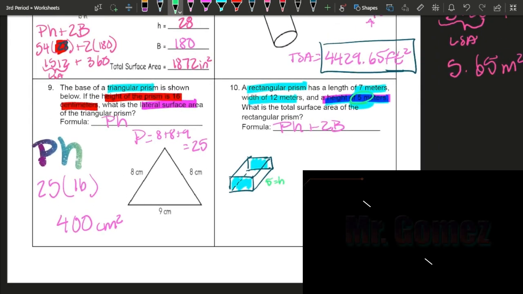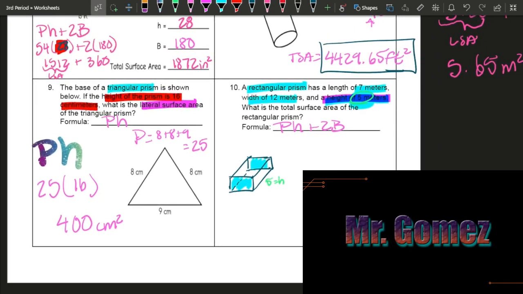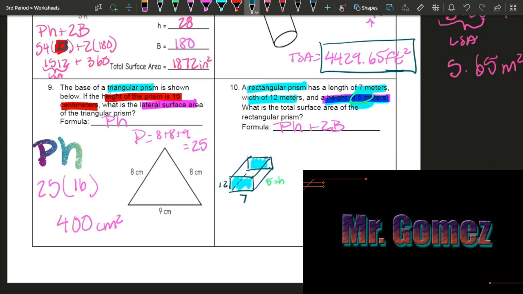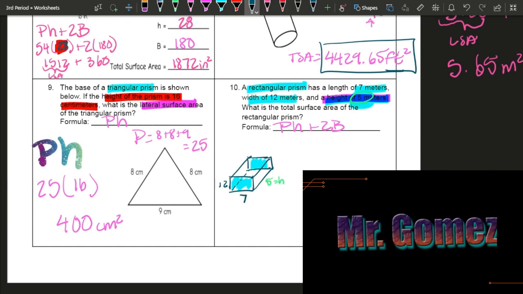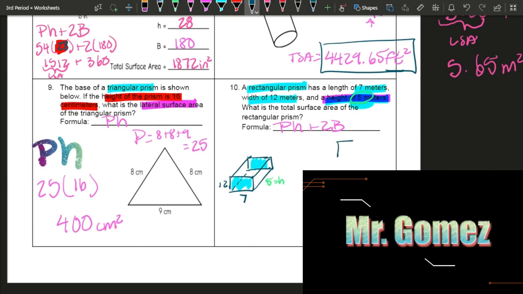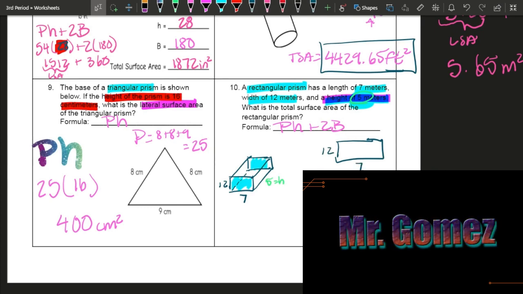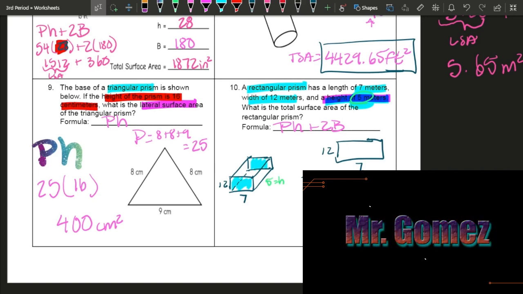Now it says that the length is what? 7. And the width is 12. Of course, this is not to scale. So I'm going to draw this and label my bases. I have 12 and 7. So I'm going to find the perimeter and I'm going to find the area. The perimeter, what am I going to add?